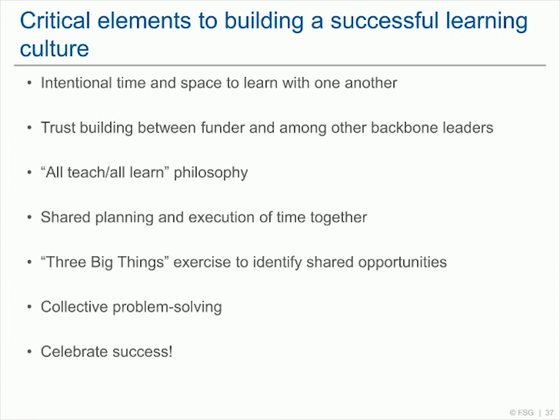Another question I see is, can I give the SSIR six elements reference again, or the name of the article from SSIR? So yes, I will talk slowly in case you're trying to write these down. The article is available in the Stanford Social Innovation Review. I believe it ran in 2013, but if you just search on six core activities of a backbone organization, the blog should come up.